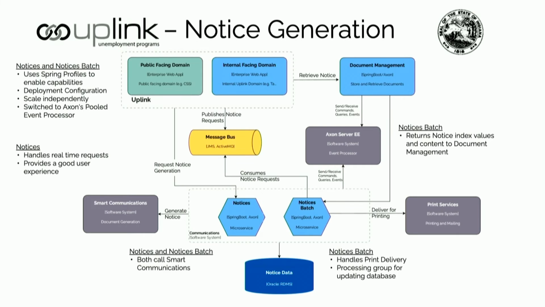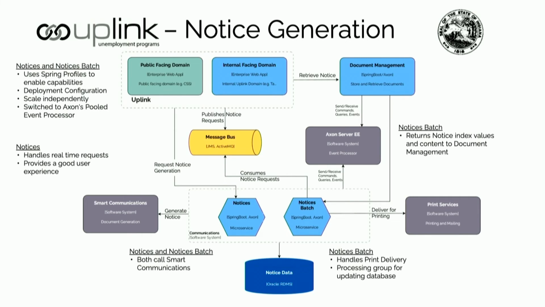That way, the only thing going through the notice microservice was, I need to preview my notice, I need to see it. They never saw any performance problems with this. The batch microservice would get scaled out separately. It was handling all the requests coming in through the message bus and doing all the printing. It was sending stuff to print because the commands were fired and it'd pick up events.